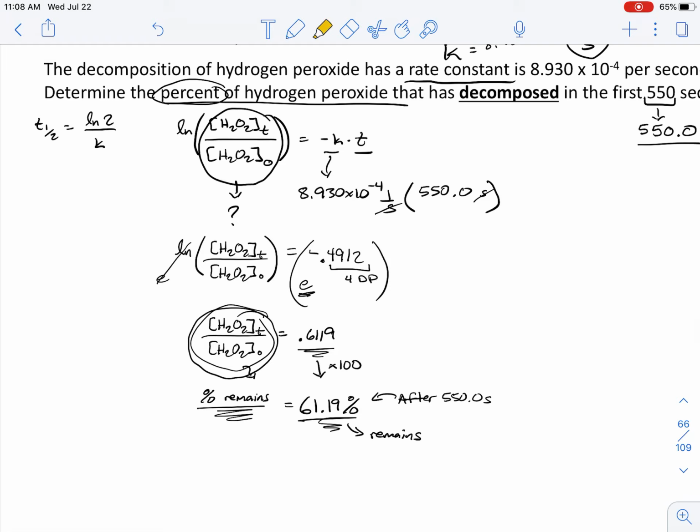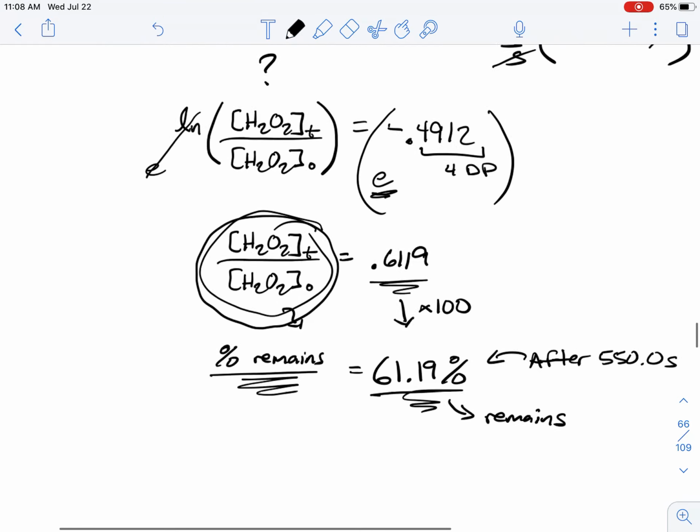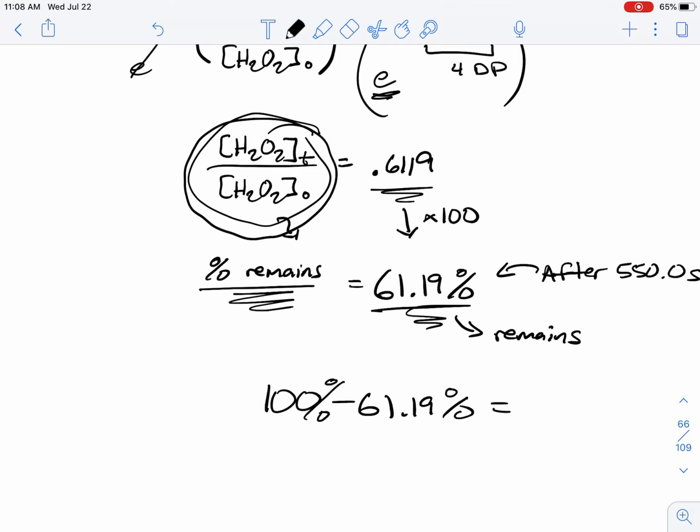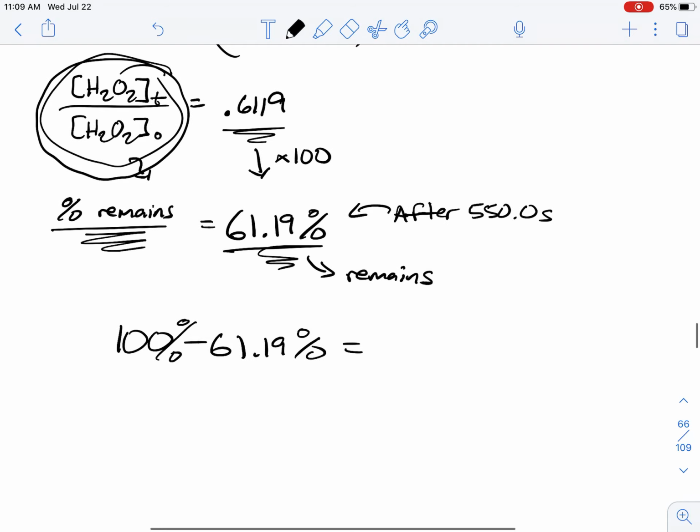But the question is asking us how much has decomposed. So you're going to take this value and subtract it from 100. If you subtract it from 100, you get 38.81% that decomposed in the first 550 seconds of this reaction.